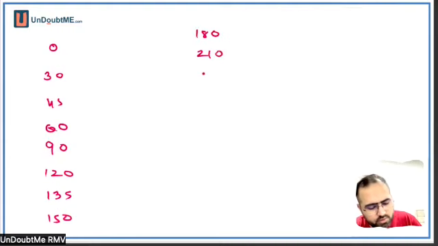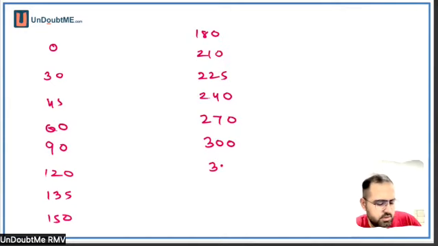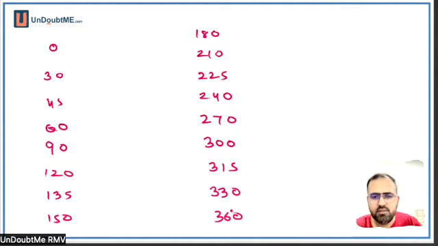Next we are going to do 210, 225, 240, 270, 300, 315, 330 and 360. I'm basically trying to write these majorly used angles from 0 to 360 into radians.